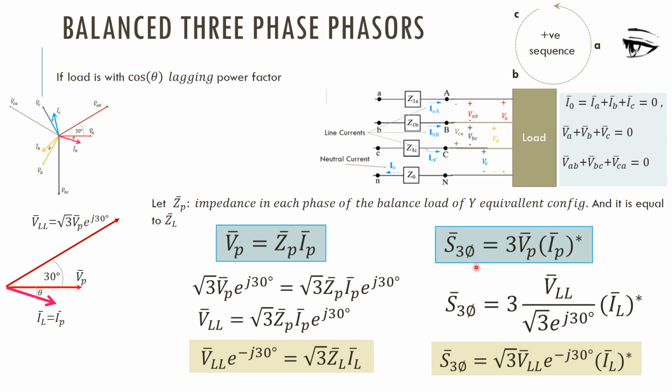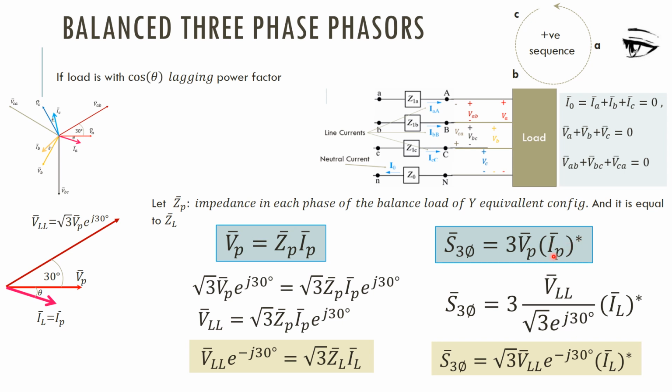Similarly, S3 phase, in the sense the complete complex power, is equal to 3 times the VP phasor times the IP phasor conjugate.